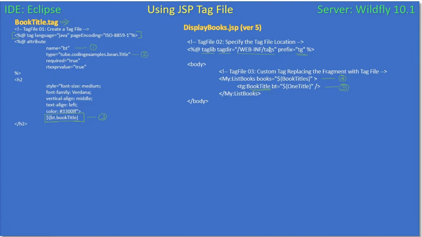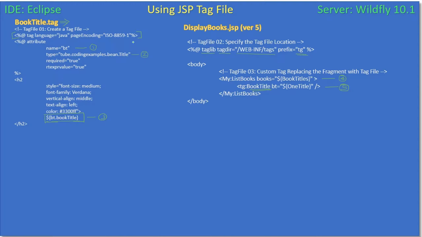So this means the tags directory may contain multiple .tag files. If you look at a big project, there may be more than 100 files, for example. Once you use a tag, among those 100 .tag files, book title.tag will be searched.